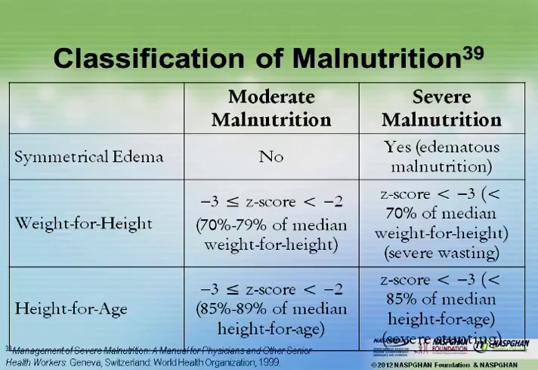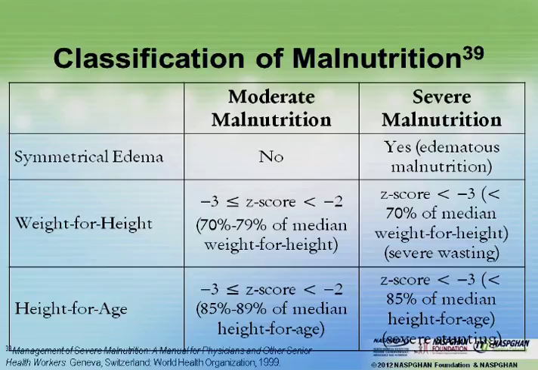This is what the WHO would like us to classify malnutrition as. And remember that rather than Kwashiorkor, they prefer the term edematous malnutrition. And if you have edema in the context of malnutrition, that automatically makes it severe. If you don't have edema, then you look at the second and the third rows, and it's based on either your weight for height, if you have acute malnutrition, or height for age, if you have chronic malnutrition.